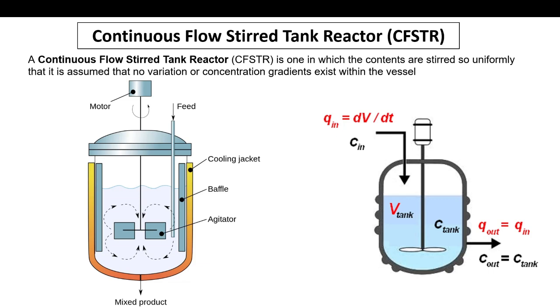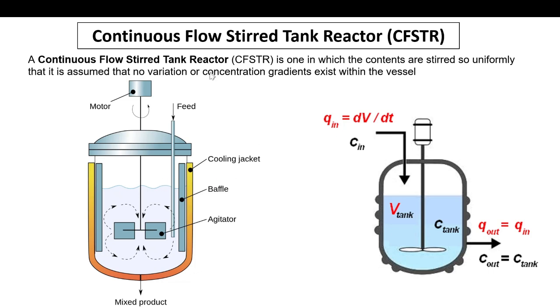This is one in which the contents are stirred so uniformly that it is assumed that no variation or concentration gradients exist within the vessel. So in the whole vessel, there should be no change or variation in the concentration throughout the volume of this vessel.